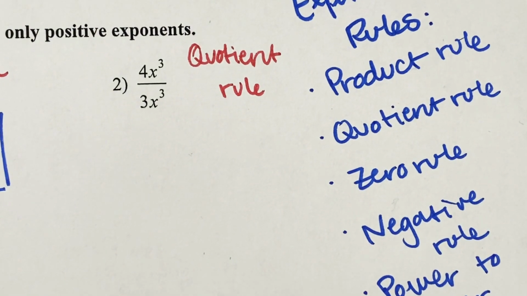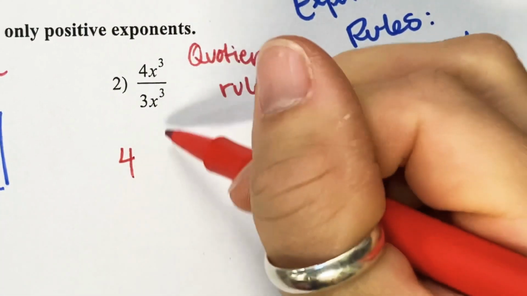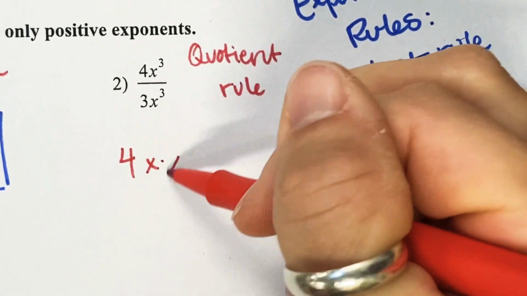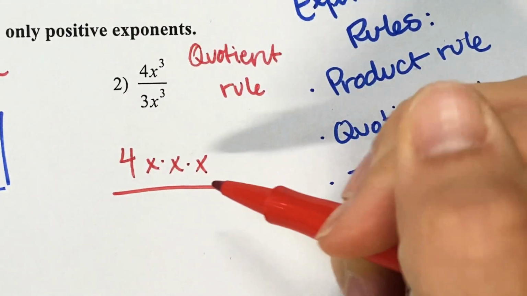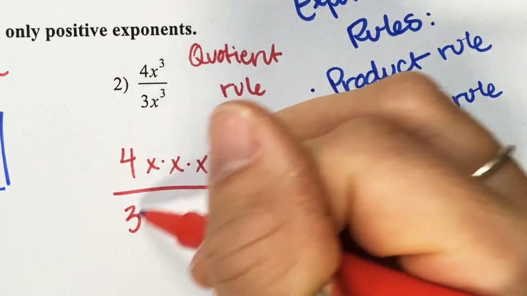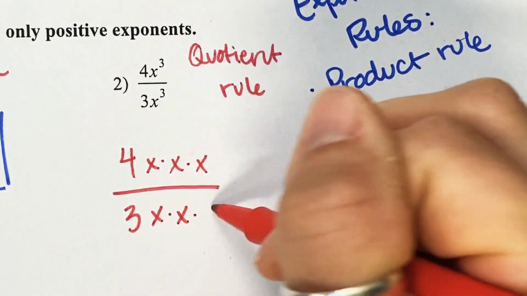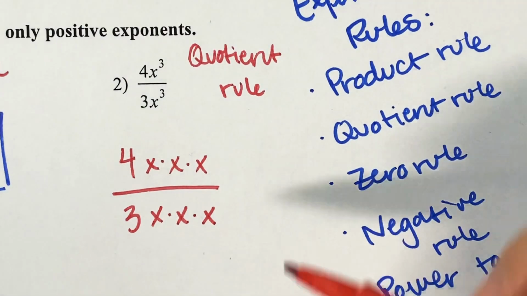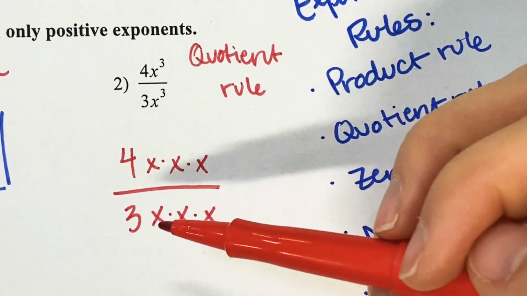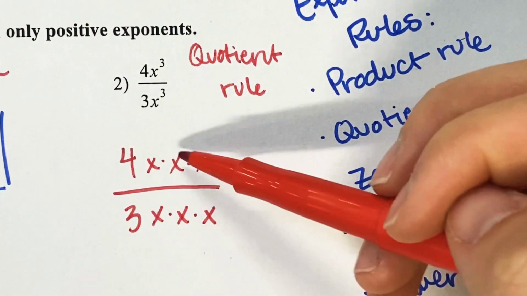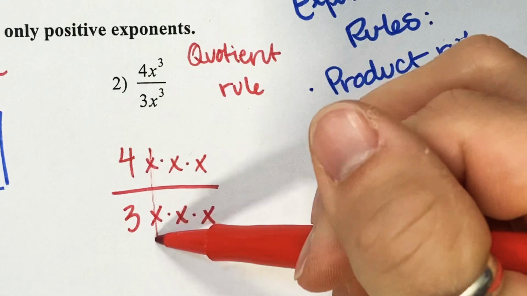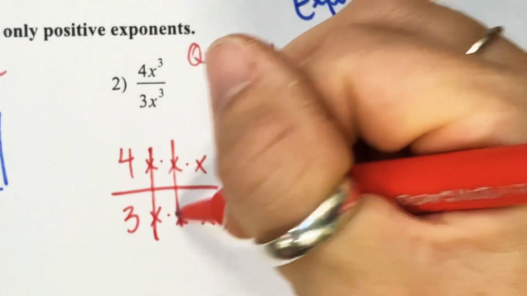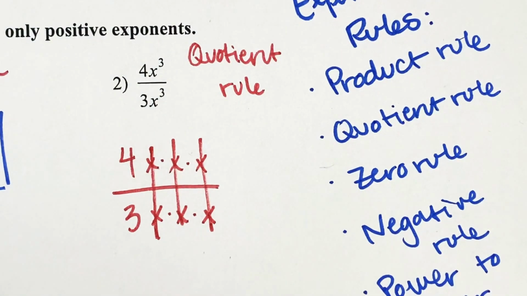So I'm actually going to rewrite this. Okay, so we have 4x cubed on top, so x times x times x, over 3, another x cubed, so x times x times x. Okay, whenever you have the same things on top and bottom, okay, it's being divided by itself, it can cancel. So I see that all 3 of these x's can cancel.